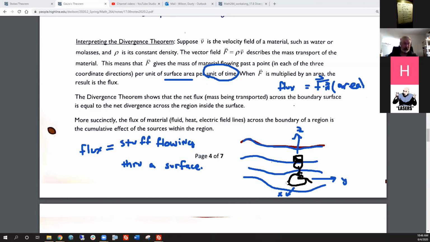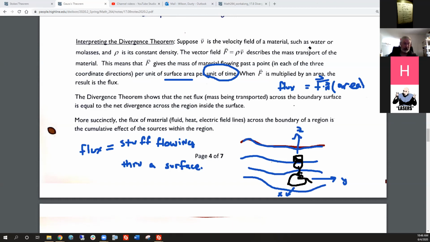There's a lot of motion happening in these concepts, so it's challenging to draw a static picture. But it's the stuff flowing through a surface.